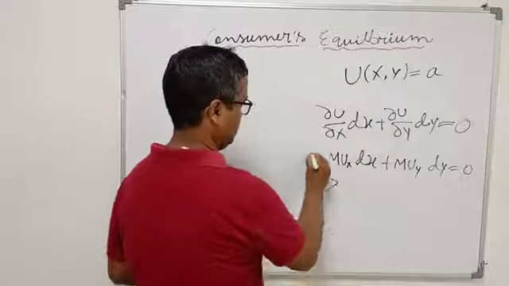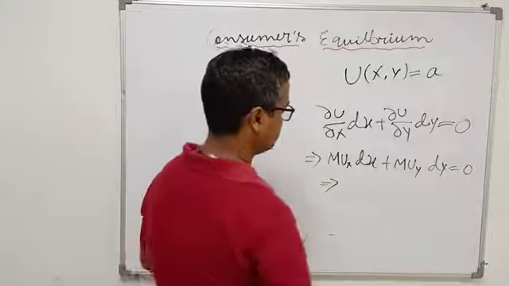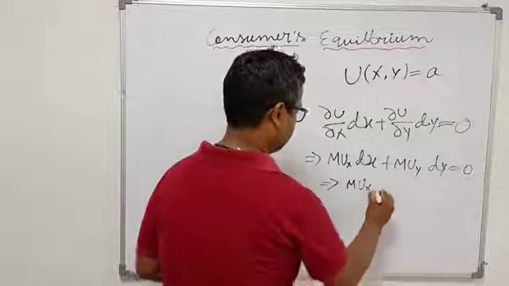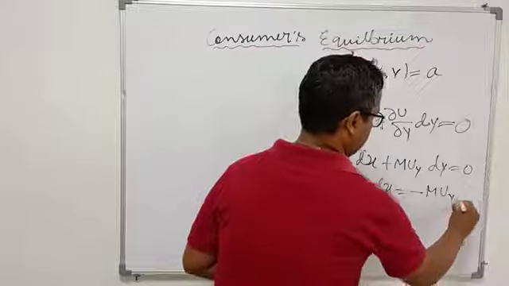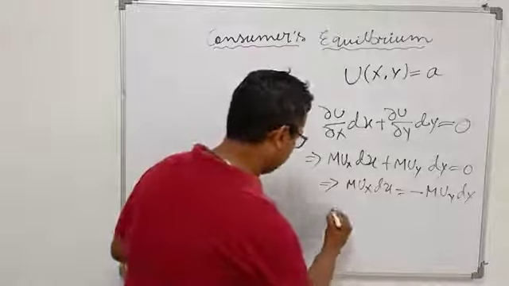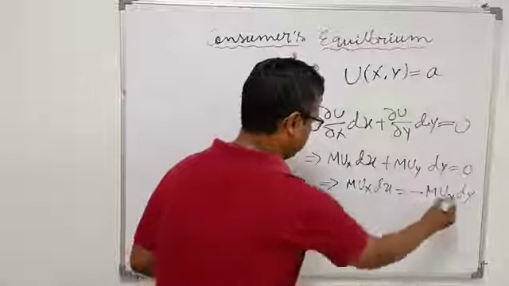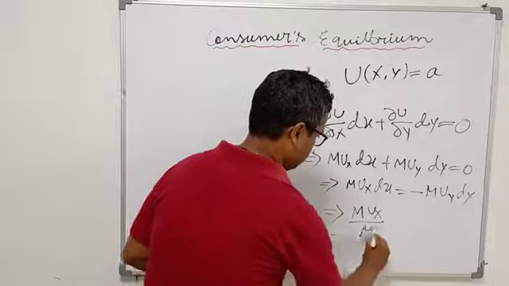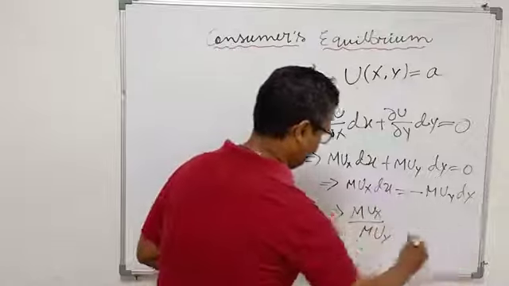Now I am changing the side. Marginal utility of X into dx, I am keeping on the left side and changing the sign. Now a little bit more manipulation. I am bringing MU y, marginal utility of Y, to the left side, and taking dx to the right side.